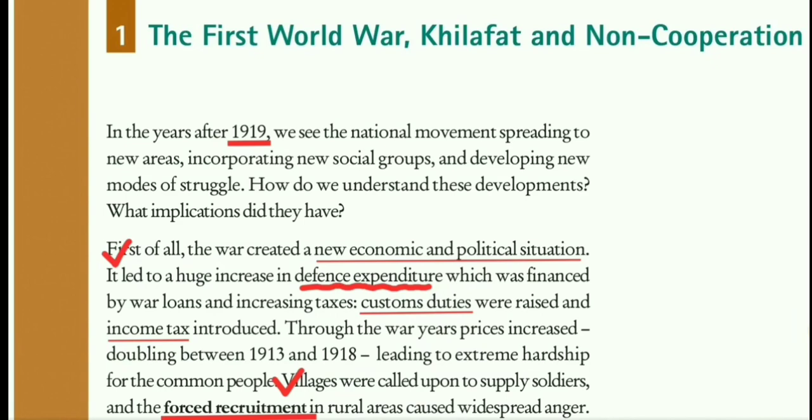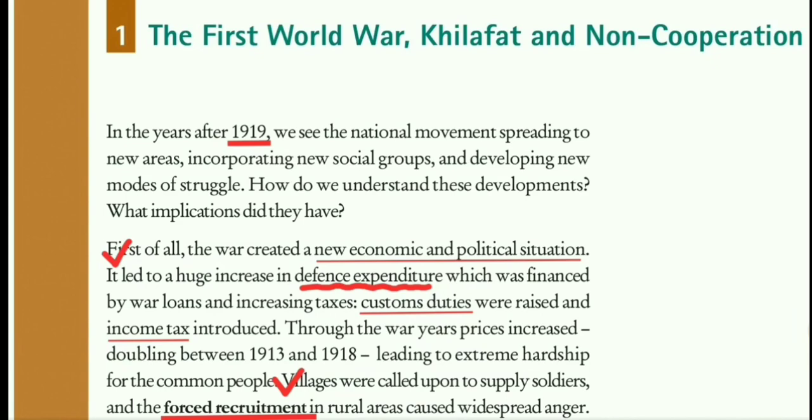Now, in your NCERT books, this chapter covers the events of the Indian national movement that took place from 1919 onwards. The events that took place before 1919, you have already studied in standard 8. If you remember, we studied how the Britishers came to India.